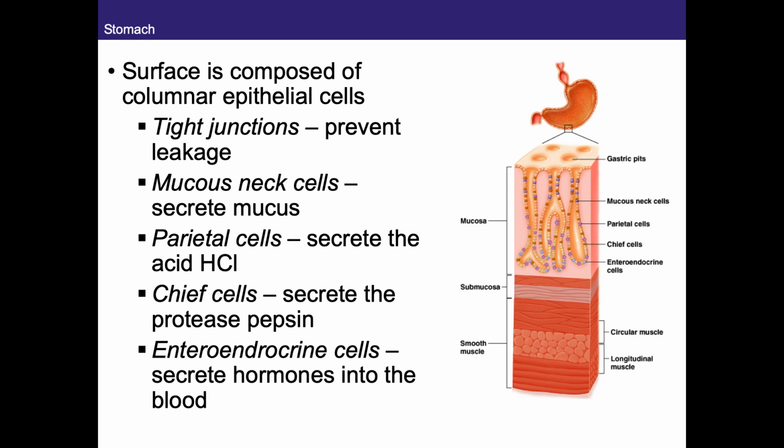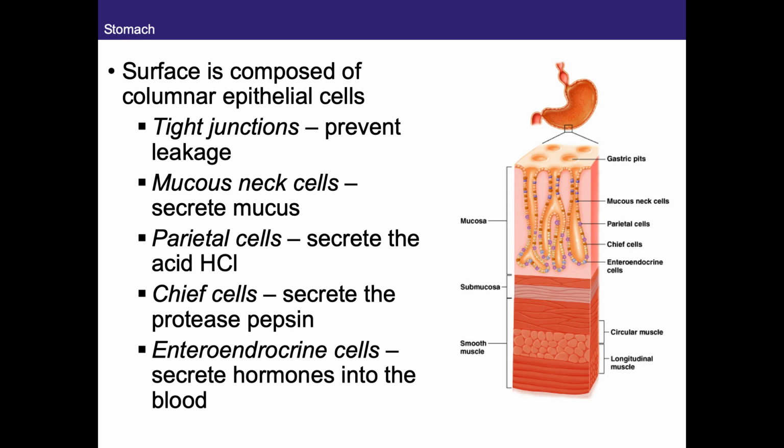And then the chief cells secrete the protease pepsin. Actually, that's not correct. I'm going to be more specific here. Chief cells secrete pepsinogen, which is the precursor to pepsin. Okay, so chief cells secrete pepsinogen. And then these enteroendocrine-like cells secrete hormones into the blood. So these enteroendocrine-like cells can be G cells, which secrete gastrin.